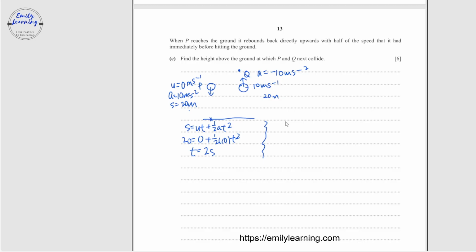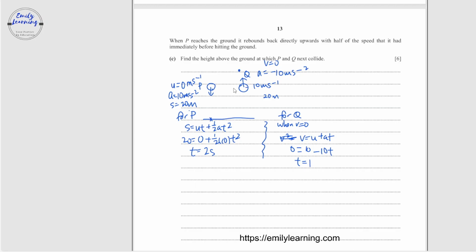At the highest point, the velocity is 0. So let's find out when v is 0. Using v equals u plus at, v is 0, u is 10, and a is -10. I know t is 1 second. So Q takes 1 second to reach the top.